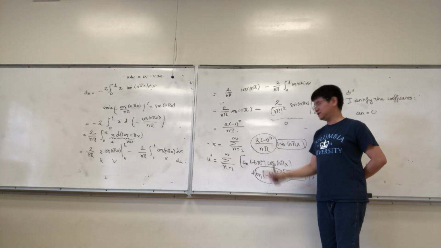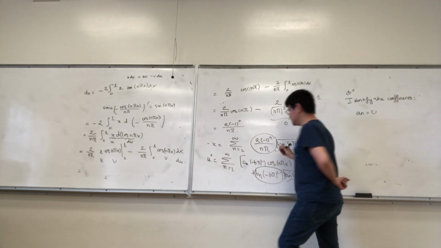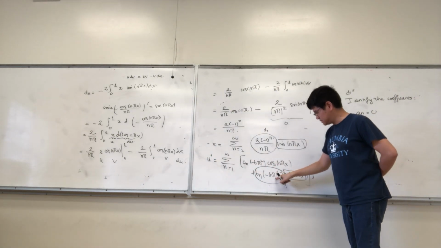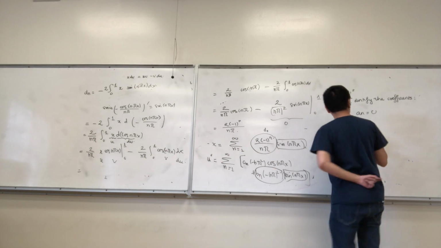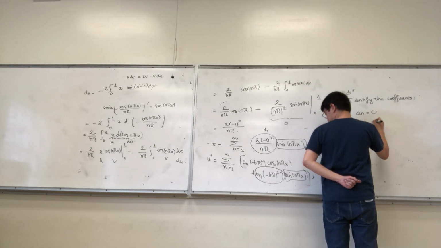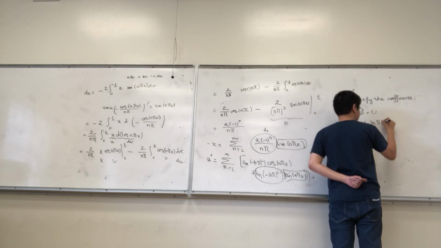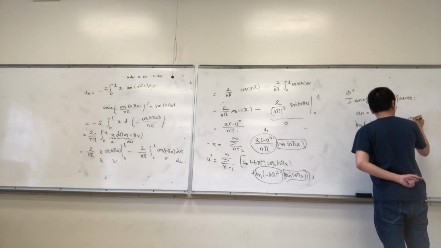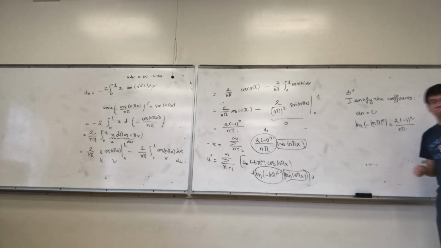There's no Cn, and Dn is this guy. This guy is Dn, and you have Bn times minus n pi square is this guy, and Bn times minus n pi square is 2 times minus 1 power n divided by n pi, right?